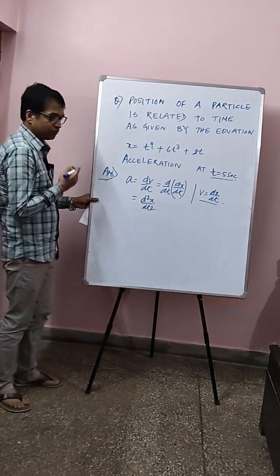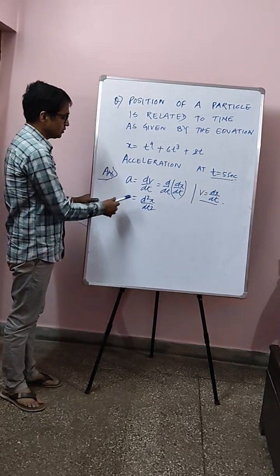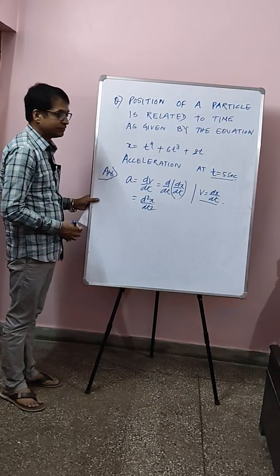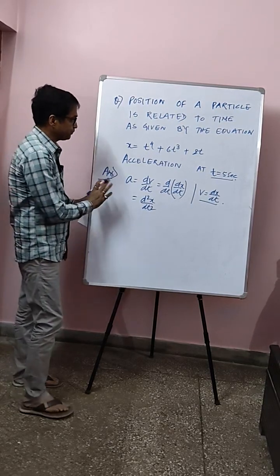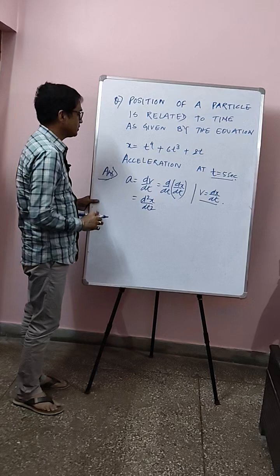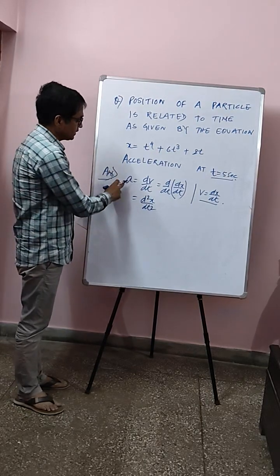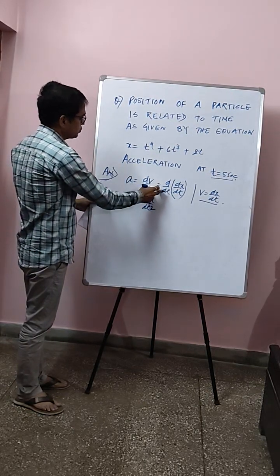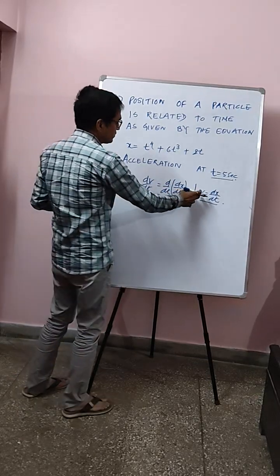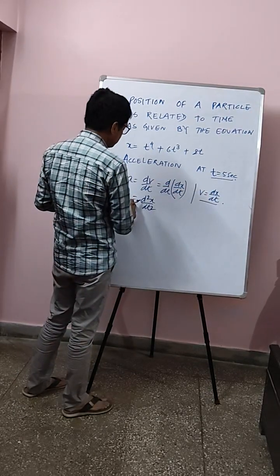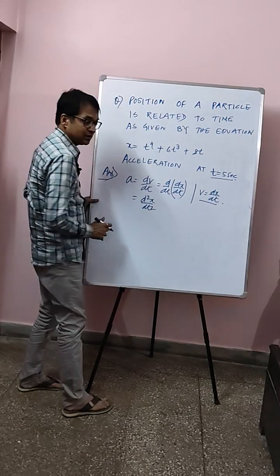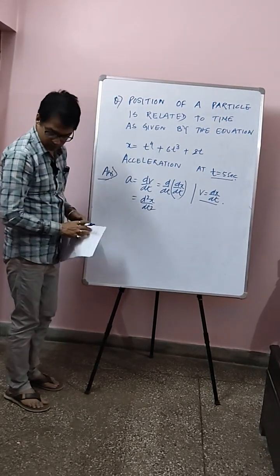So this is the formula that expresses acceleration in differential form. Since v equals dx upon dt, acceleration equals d2x upon dt square.